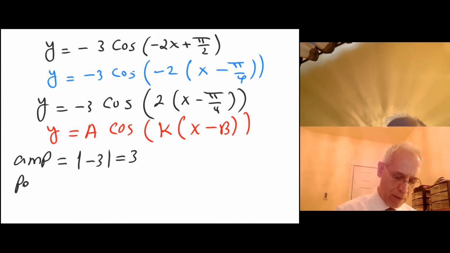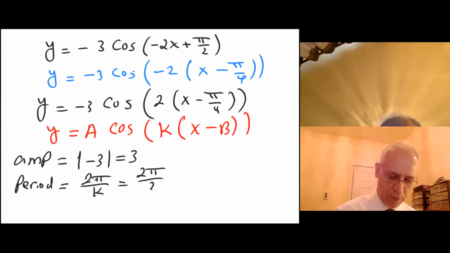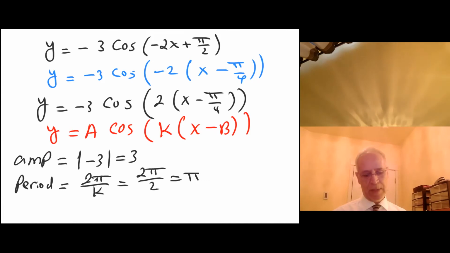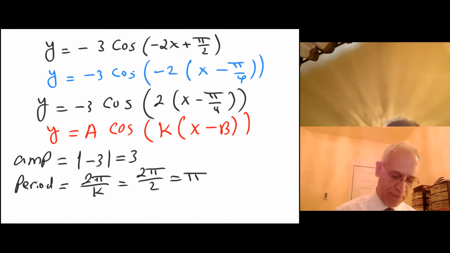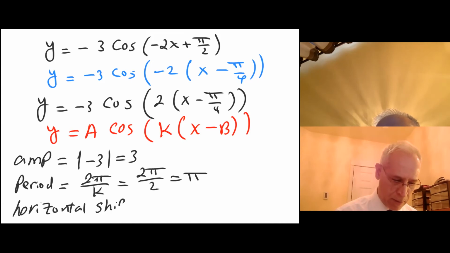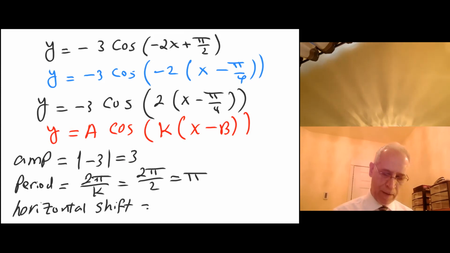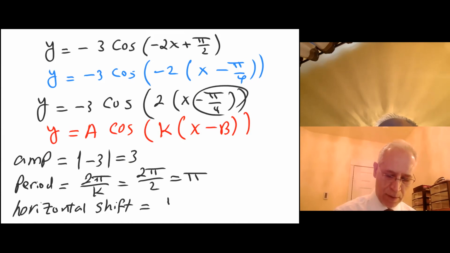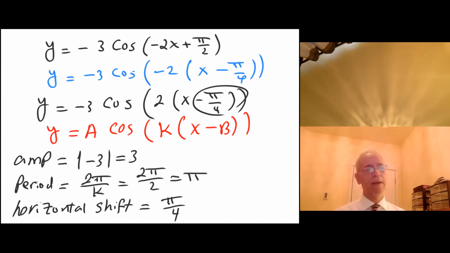Period equals 2 pi over k, which equals 2 pi over 2, which equals pi. And finally, phase shift or horizontal shift equals the opposite of this number right here, so it's going to be pi over 4.